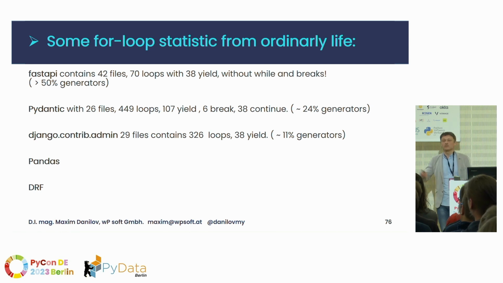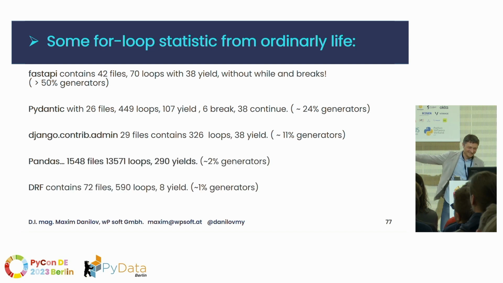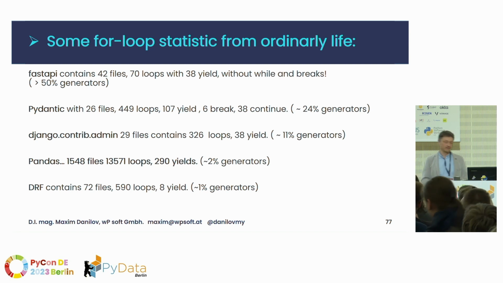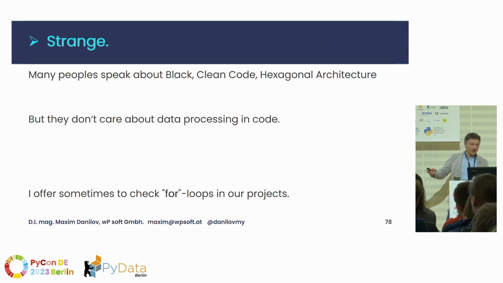Django contrib admin, a library which I like, uses only 11% generators. But what about pandas or Django REST framework? 1% and 2%. For me, it's only a characteristic of how low-quality the code in these libraries is.